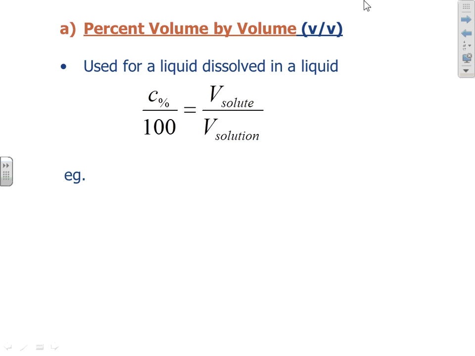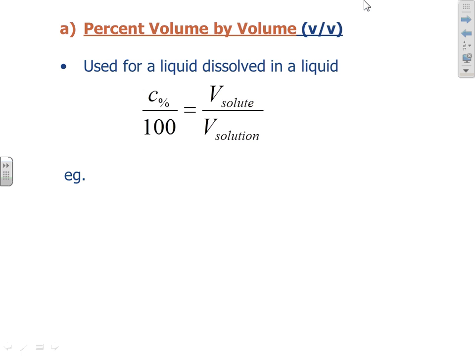We're now putting units with it. Volume by volume is typically when a liquid is dissolved in another liquid. So we will be using volume units in this version of the equation.